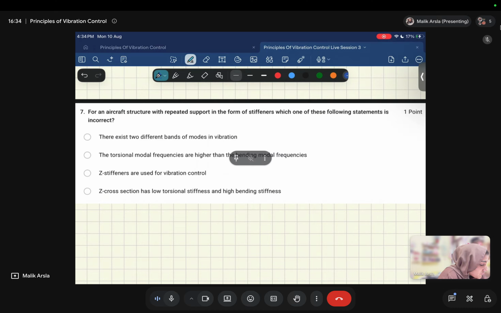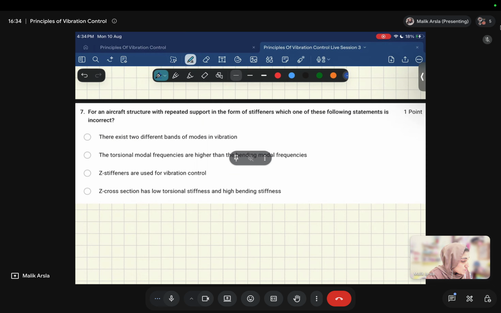The first option is there exist two different bands of modes in vibration. The torsional modal frequencies are higher than the bending modal frequencies. Z stiffeners are used for vibration control. Z cross section has low torsional stiffness and high bending stiffness.